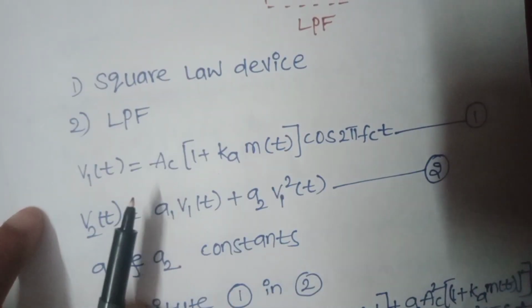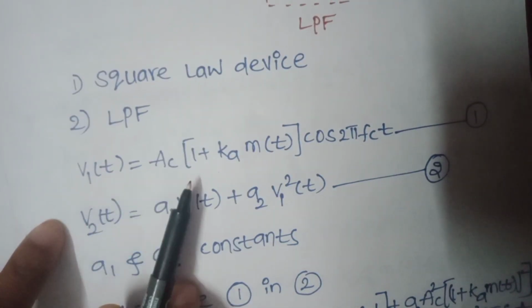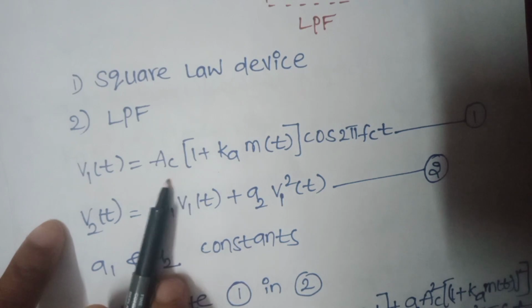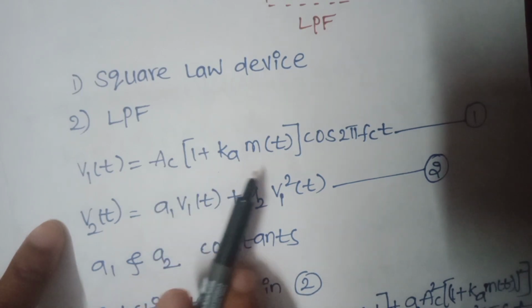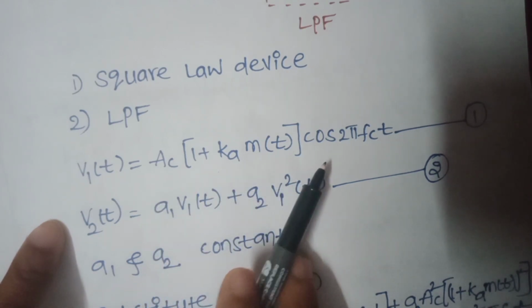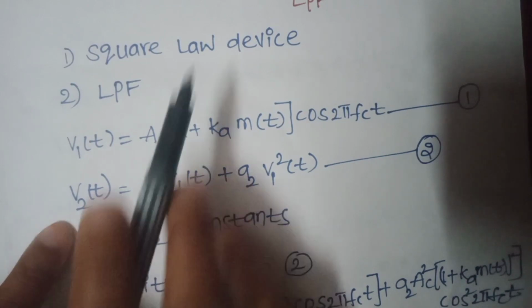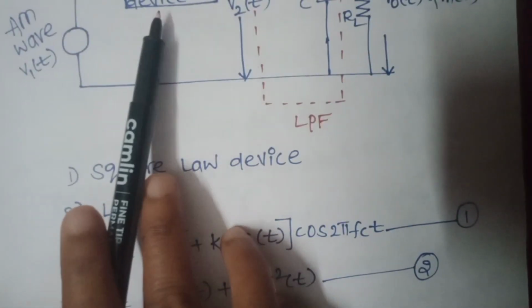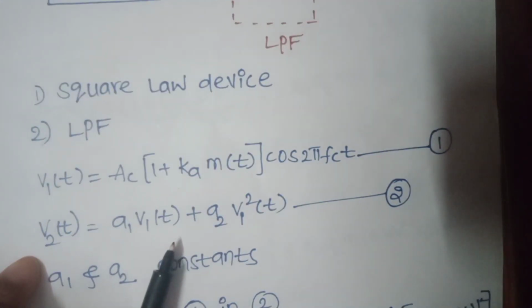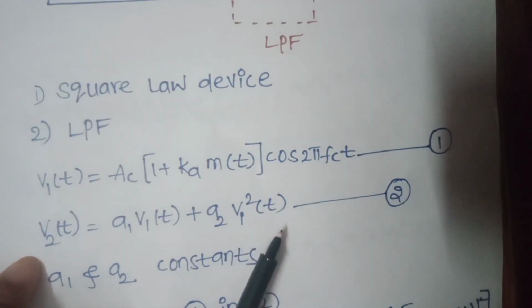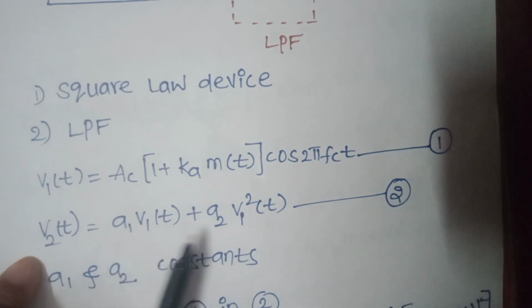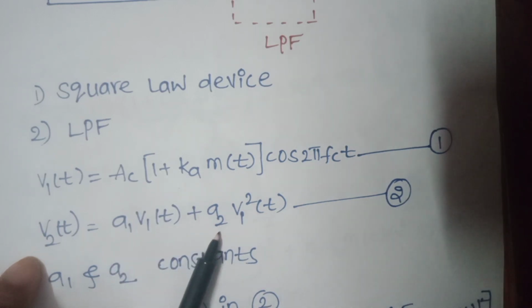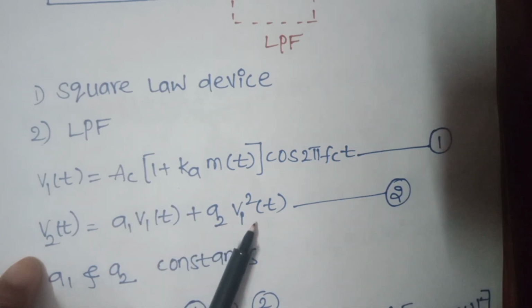Now V1 of t is equal to the standard AM signal, that is Ac into 1 plus Ka m of t cos 2 pi fct. V2 of t is nothing but the output of the square law device, that is A1 V1 of t plus A2 V1 square of t, where A1 and A2 are constants. V1 is the standard AM wave.